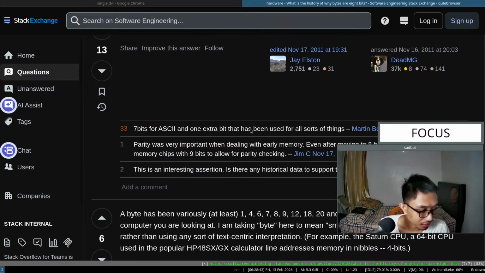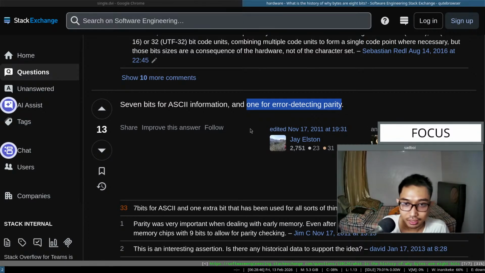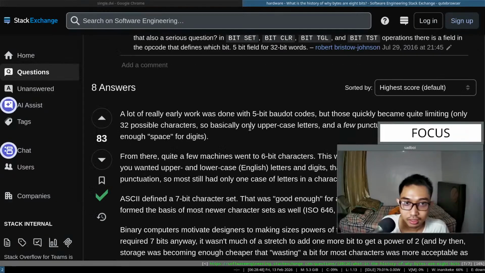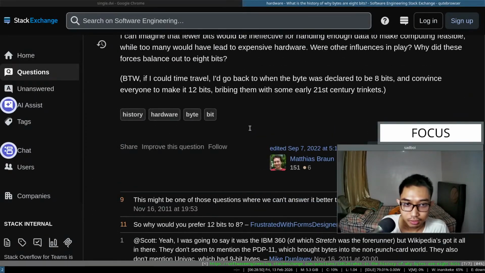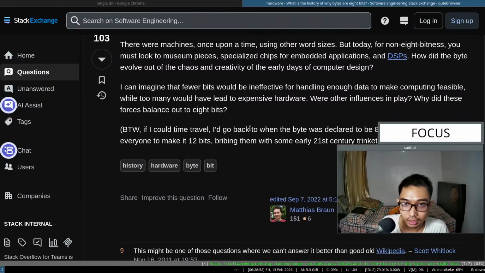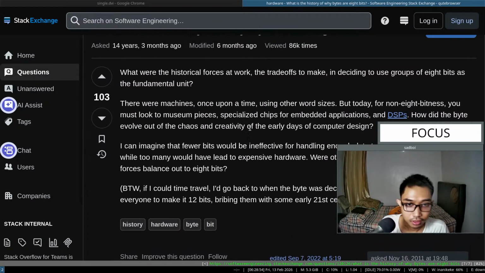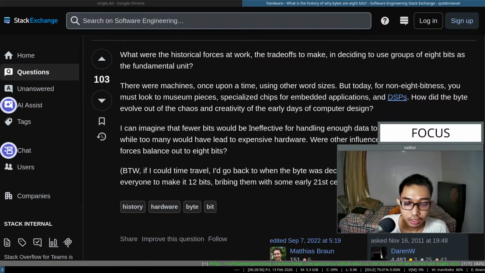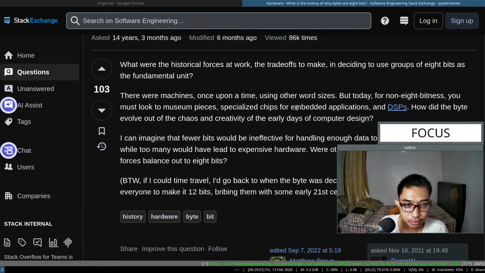So here, in some machines, we might not have 8 bits as 1 byte, in embedded systems or DSPs, right?